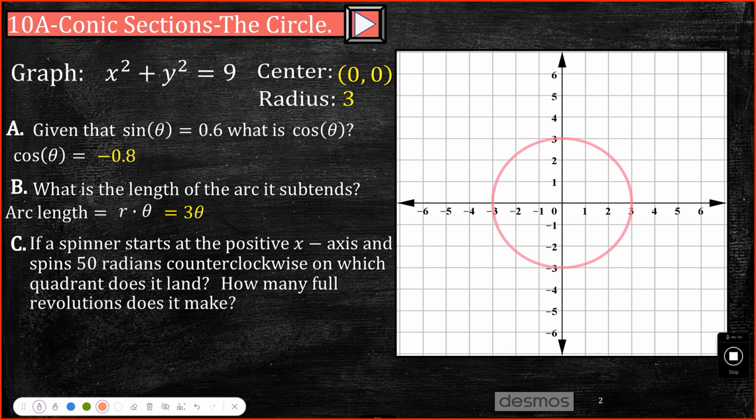If a spinner starts at the positive x-axis and it spins 50 radians counterclockwise, on which quadrant does it land? And then how many full revolutions does it make?